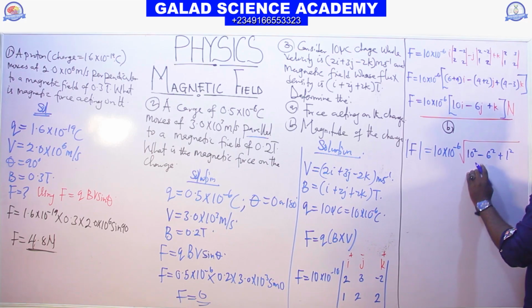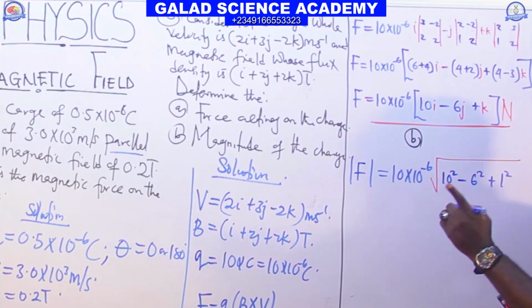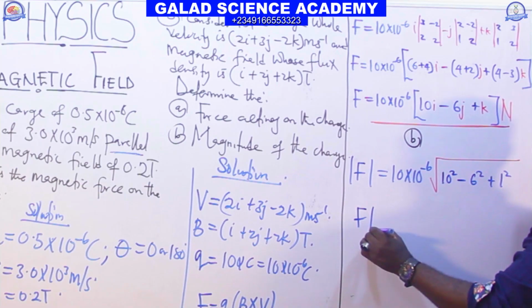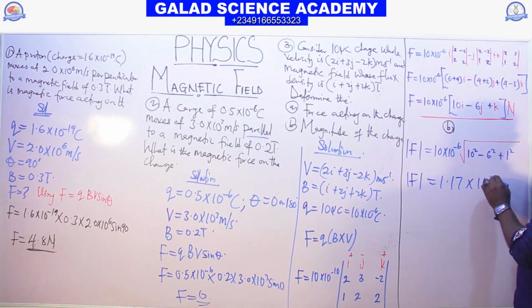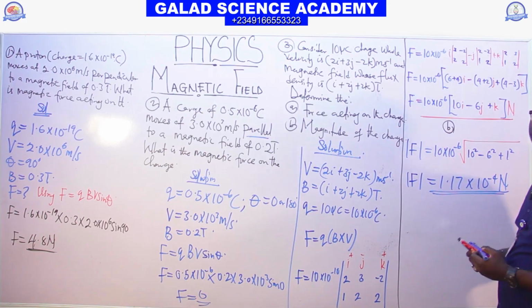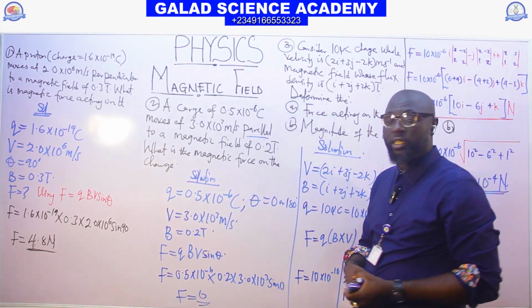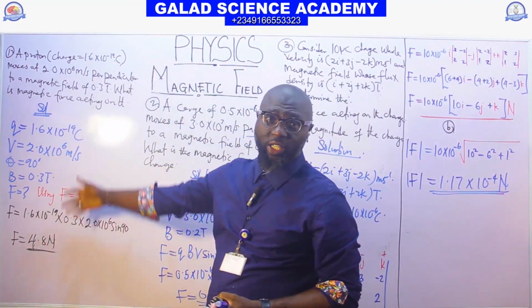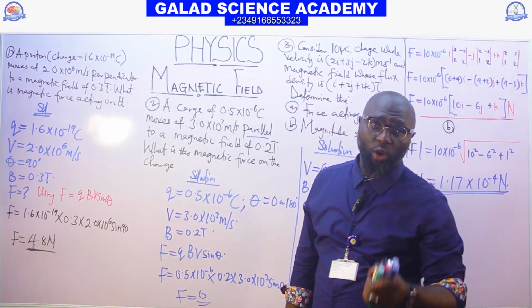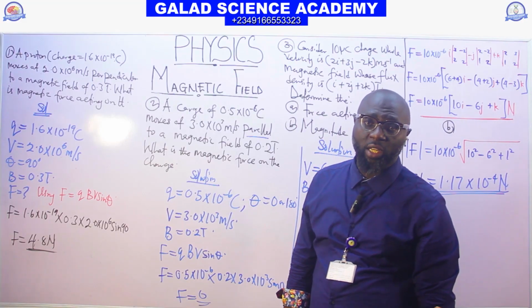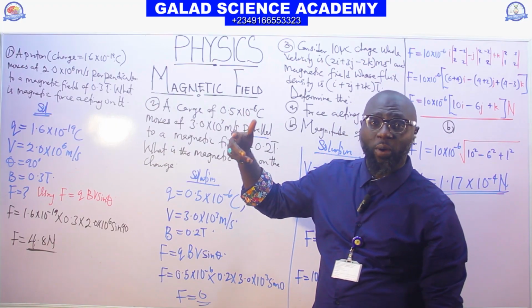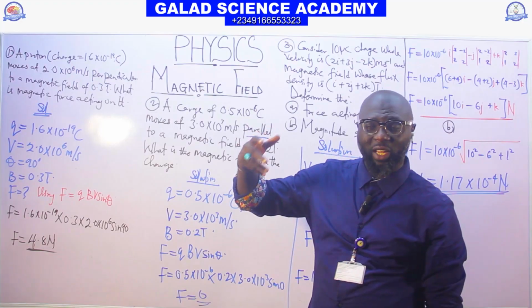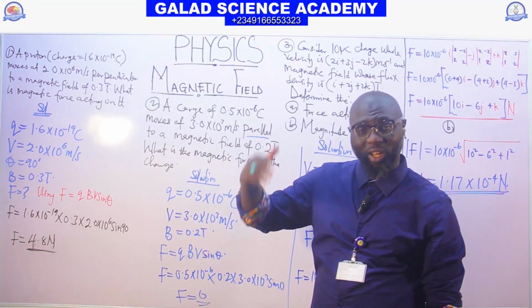If we square everything and add it together, the final answer is F equal to 1.17 times 10 raised to the power minus 4 Newton. This is the magnitude of the force. So these are the kind of questions they can ask you on magnetic force on a moving charge. In the next class, I will continue with magnetic force on a current carrying conductor.